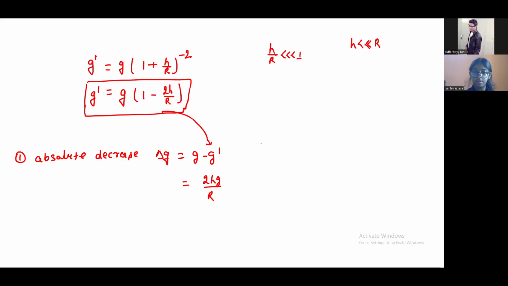But if anyone asks you the fractional decrease in the value, the fractional decrease is delta g by g.